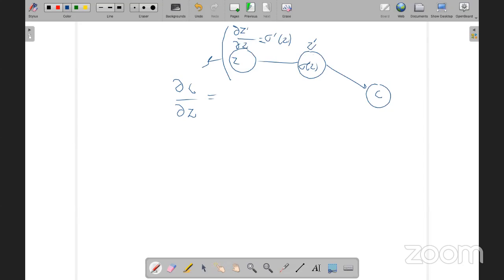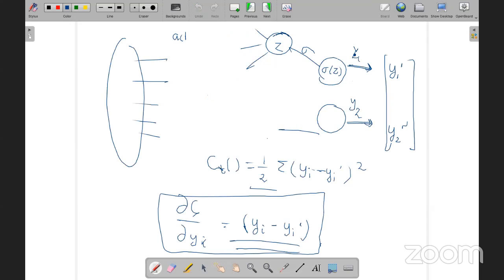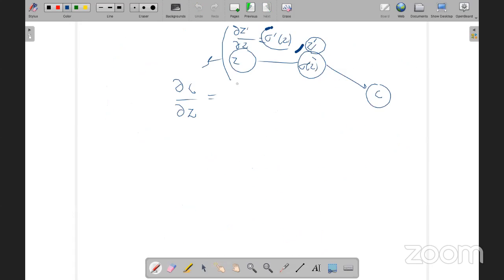You multiply the derivative of this, which I calculated earlier, with sigma prime of z, and you get the total derivative dC by dz. So this is just one step backward.